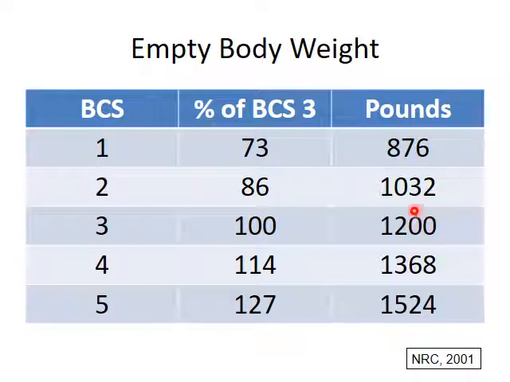We're just going to say she's about 1,200 pounds. That might work out to a mid lactation animal, condition score 3 at the dairy, being around 1,500 pounds. So as we lose empty body weight, we lose muscle, we lose adipose, and both reduce the weight going down.